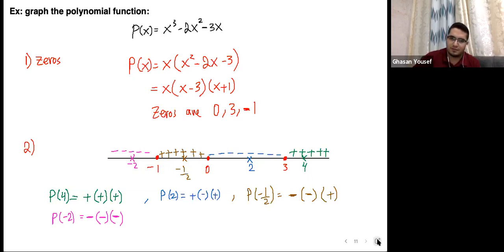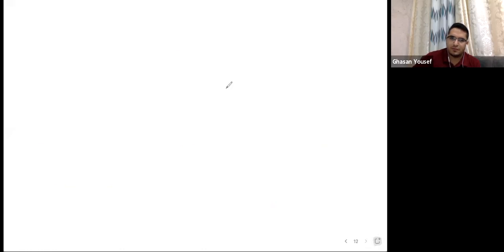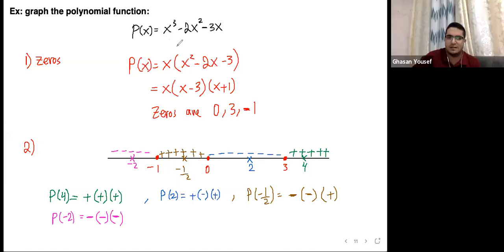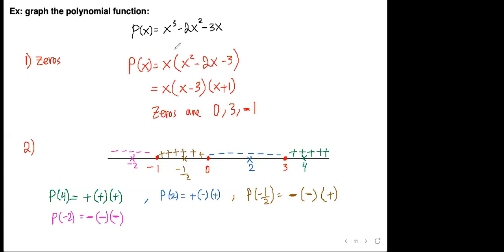Now the end behavior. Number 3, the end behavior. What is the leading term? It's 1 what? The leading term, not just the coefficient. Oh, x cubed.